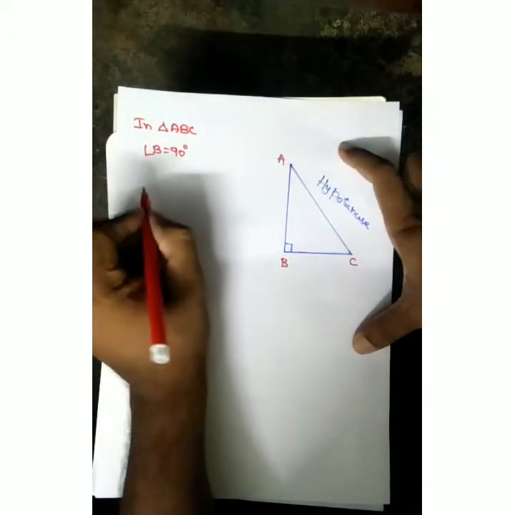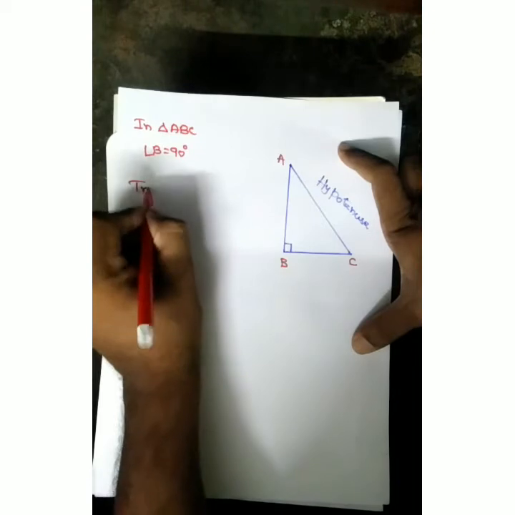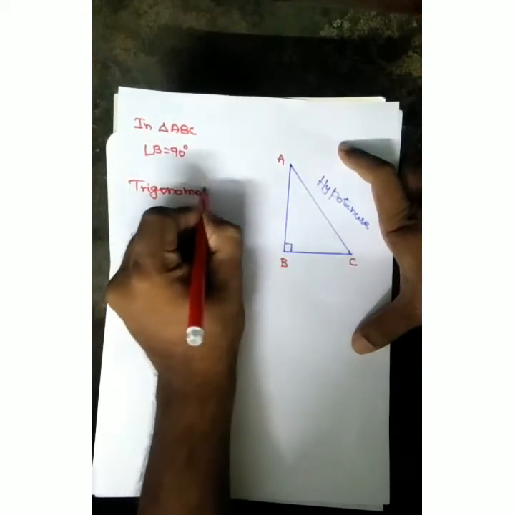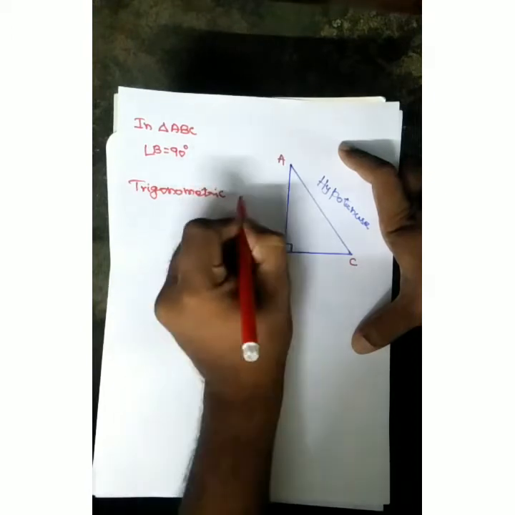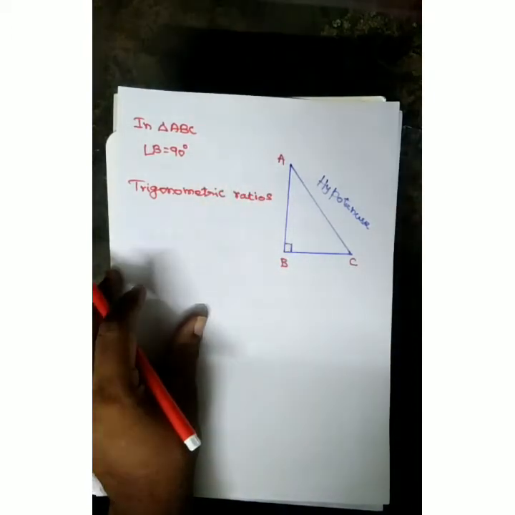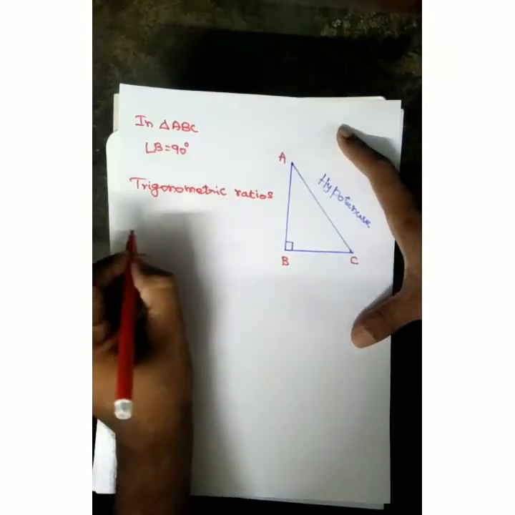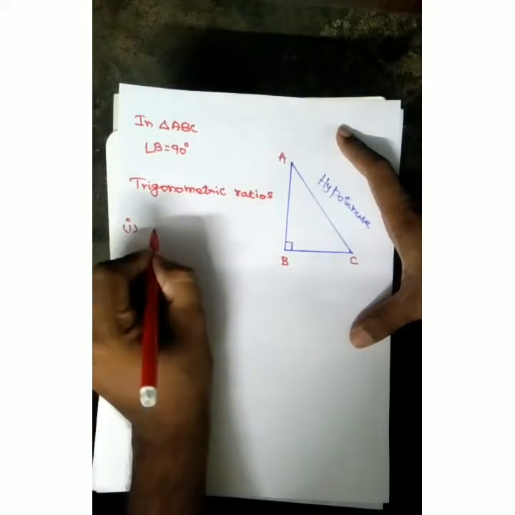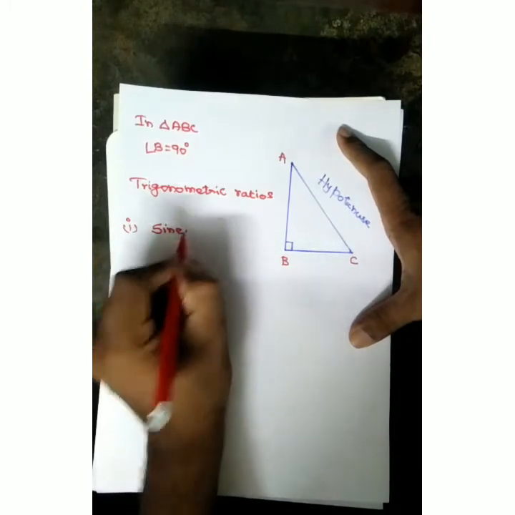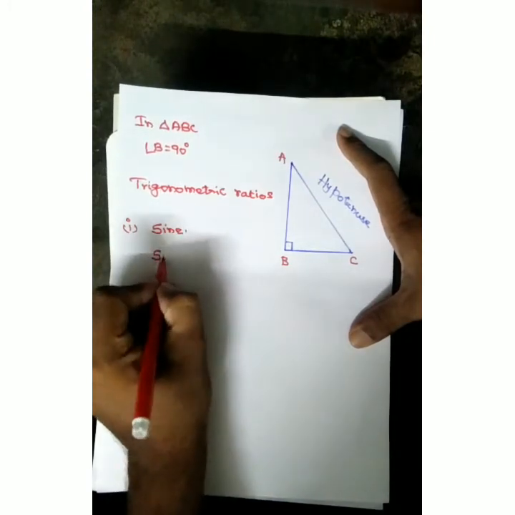Now the trigonometric ratios. There are three basic ratios and three reciprocal ratios. First one is sine, S-I-N-E. In shortcut we write it as three letters, sin.